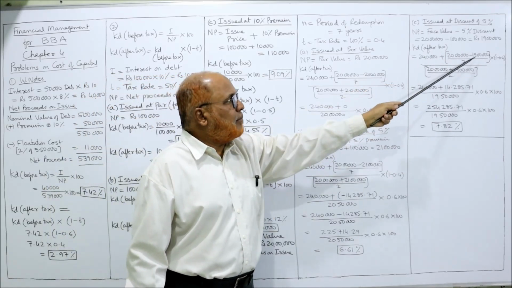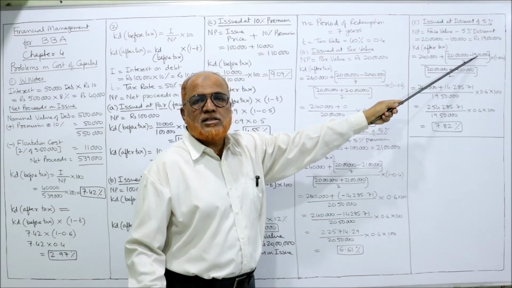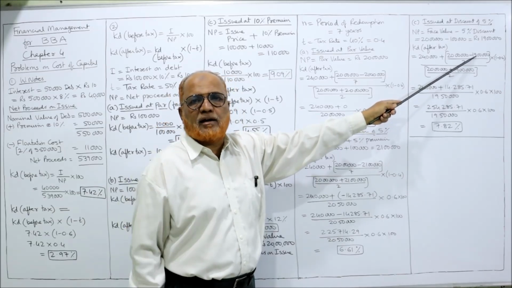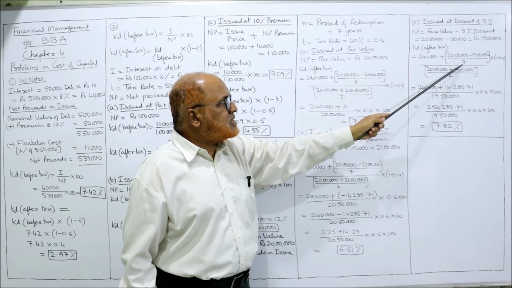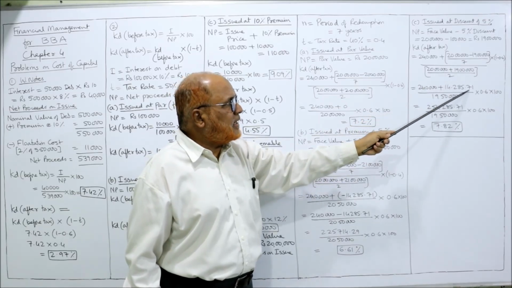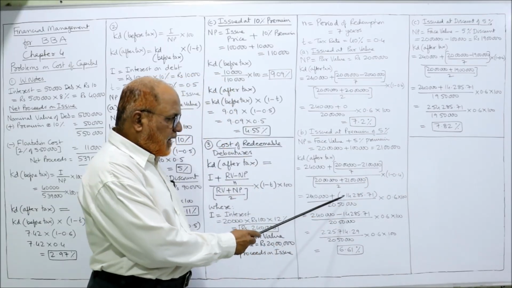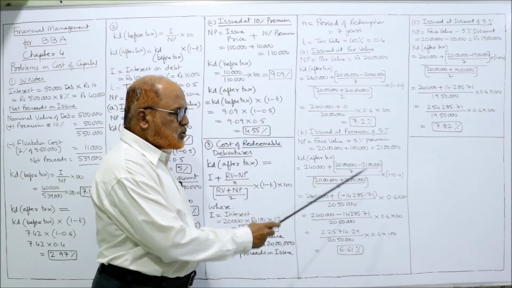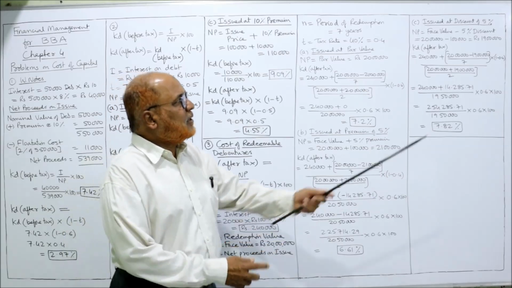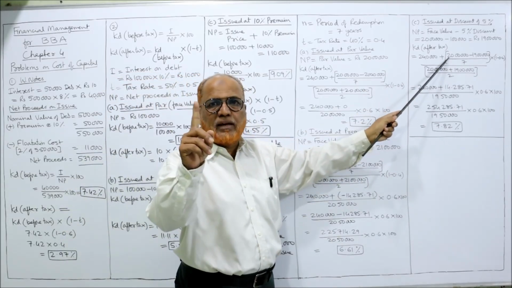So 20 lakh minus 19 lakh is positive, plus 1 lakh. 1 lakh divided by 7, you will get 14,285.71, but positive. Here you got negative, minus, because 20 minus 21 is minus 1. But here 20 minus 19 is plus 1.